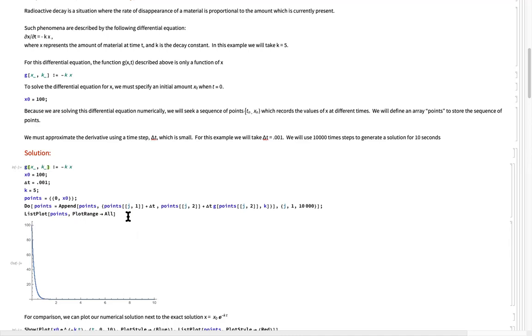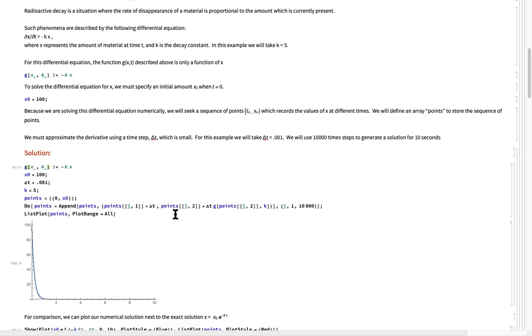So j equals 3 would refer to the previous value here, plus, notice here in the first entry, I just added time. That's because I put time in the first slot, right? I've got a time and function. So I'm just saying, go to the jth value of time, the previous value of time, and then add delta t.